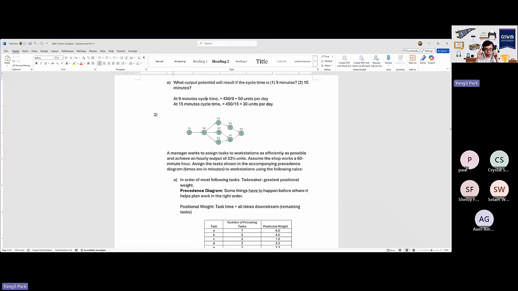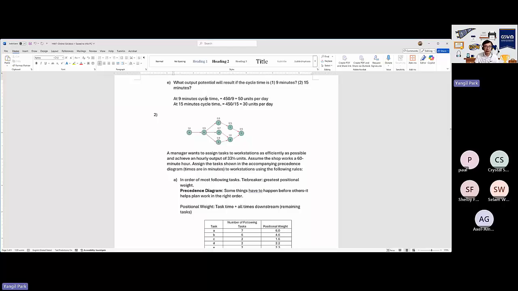Okay, question number 2. Here's the diagram of the workflow. That's what they call a precedence diagram, which tells you which task must happen before something else can happen. It helps you plan in the right order.